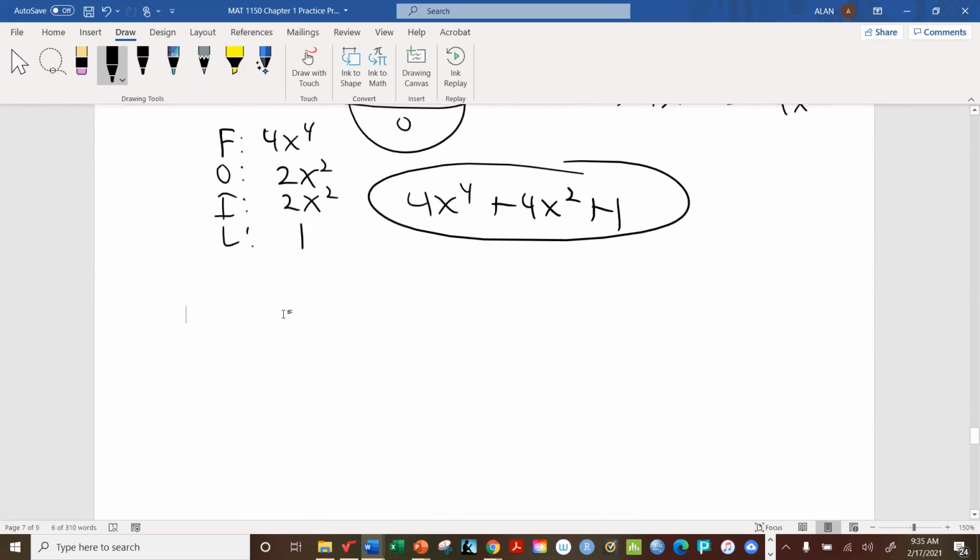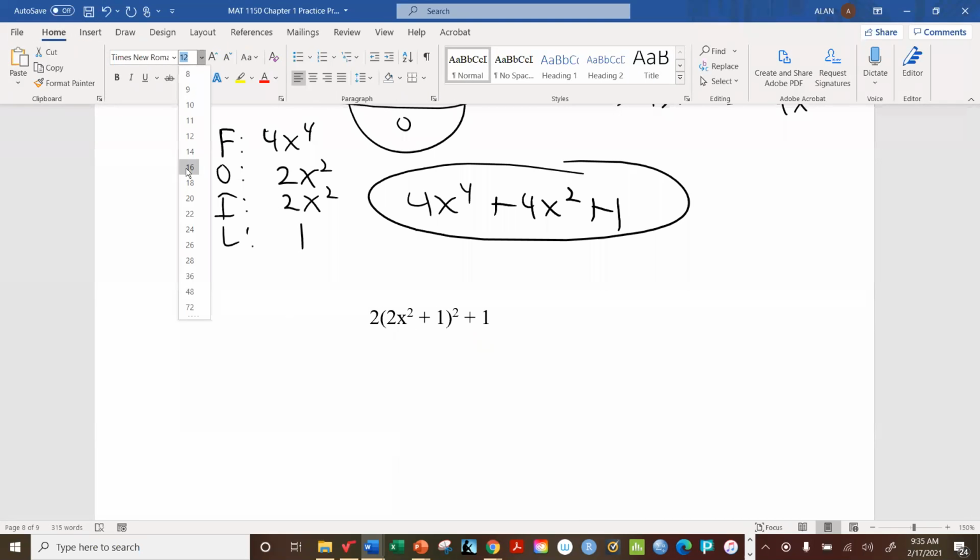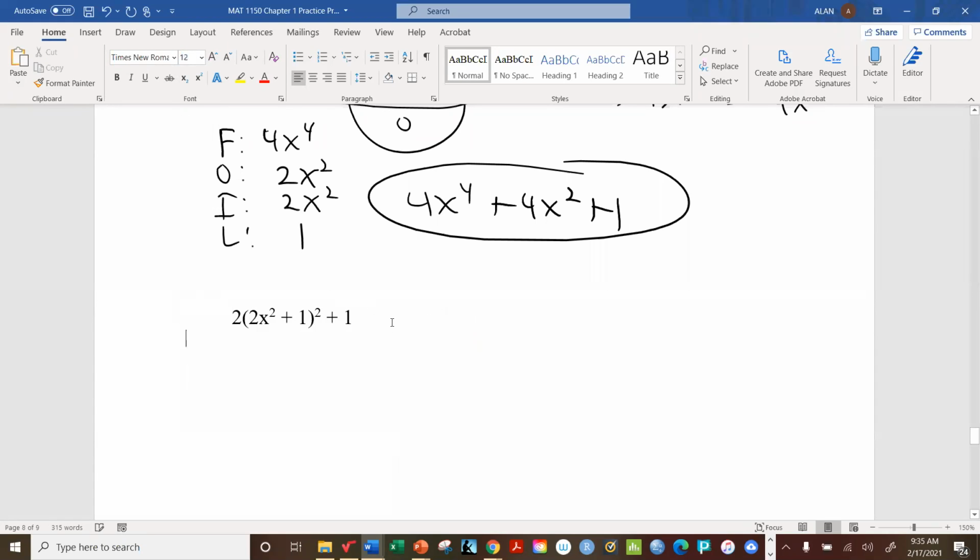All right, so let's make that substitution. So this is the equivalent of 2 times 4x to the 4th plus 4x squared plus 1, and then we have plus 1 at the end.